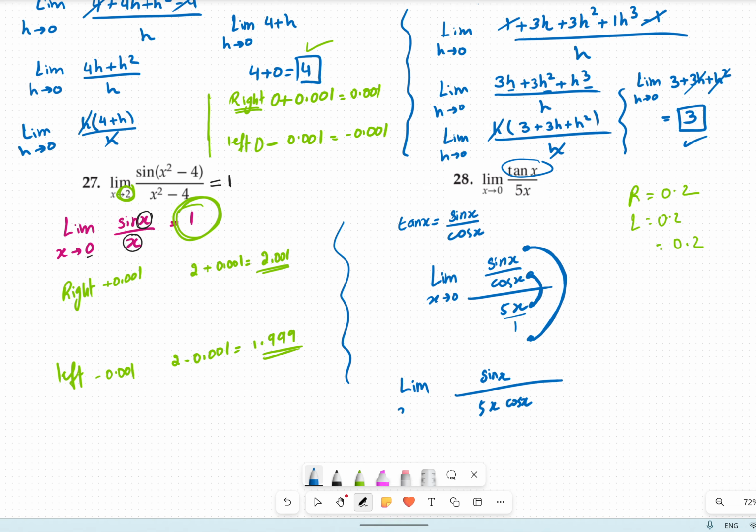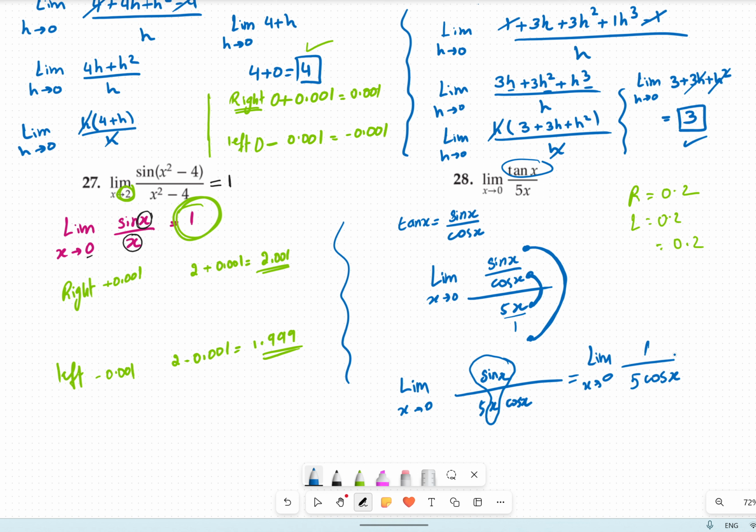Now notice I see there is a sine up and an x down. Now what do we know about the limit of sine x over x as x approaches 0? It is 1 from the special limit. So I can replace this with 1 over 5 cosine x limit as x approaches 0.